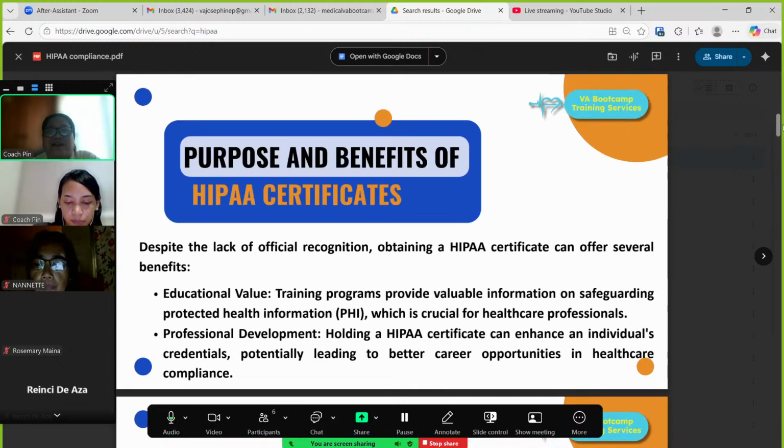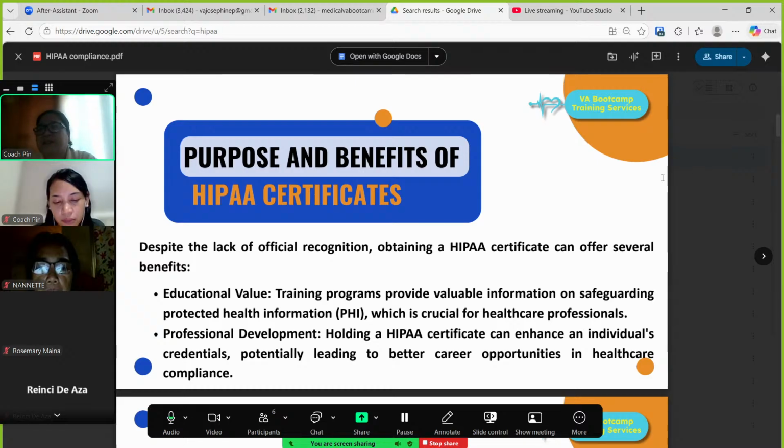All right. So what are the purpose and benefits of a HIPAA certificate? Number one, despite the lack of official recognition, obtaining a HIPAA certificate can offer several benefits.